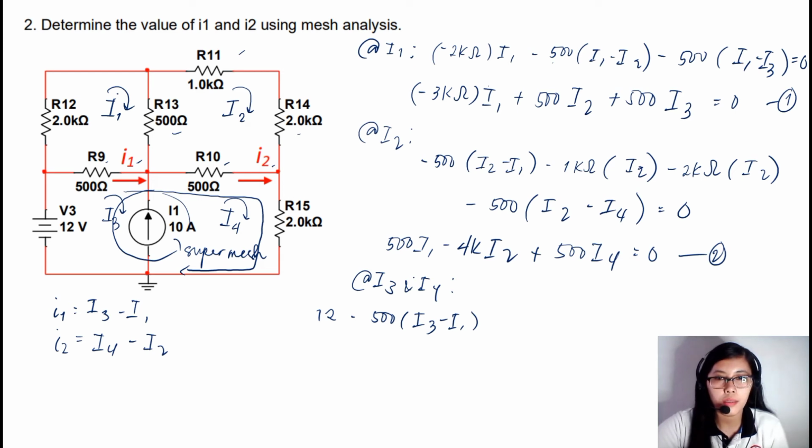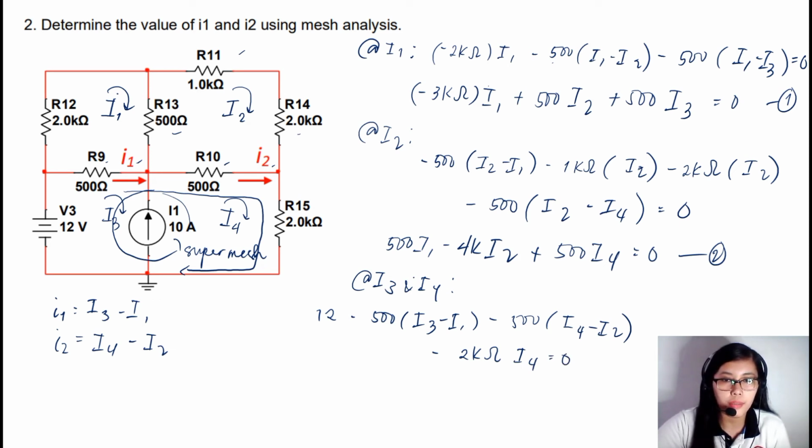Then minus 500 multiplied by I4 minus I2. Then minus 2 kilo ohm multiplied by I4 and equate them to 0.